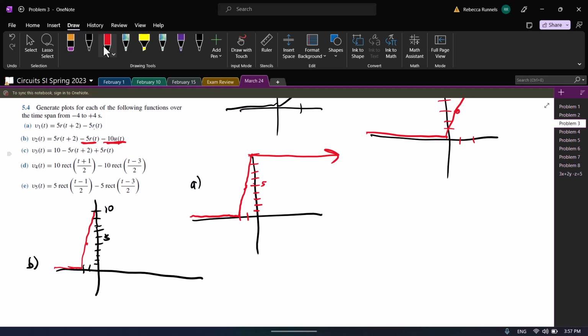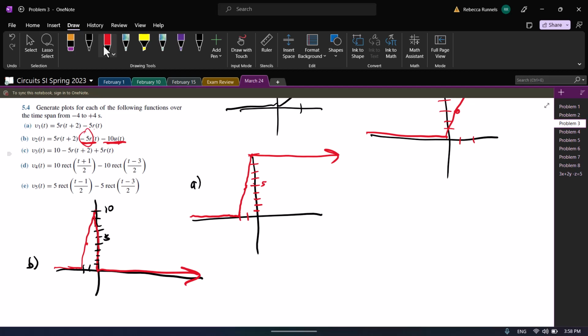But I also have a unit step function of -10. That brings me down 10. That just moves down 10. So I have down 10, and I now have a slope of 0. Like straight down 10? Straight down 10, yeah. This part is subtracting 5 from the slope. That's what makes it horizontal.